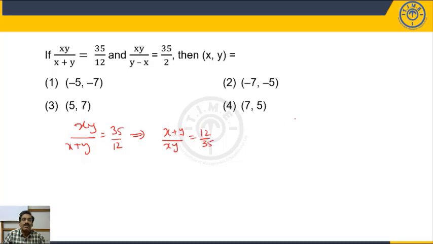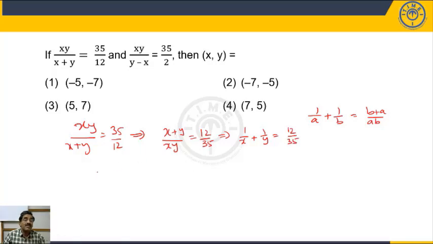And we know from our basic mathematics knowledge, 1 by a plus 1 by b is nothing but b plus a by a into b. That is what we know. So as this is in the form of x plus y by xy, it is equal to 12 by 35, which means we can write it as 1 by x plus 1 by y is equal to 12 by 35. That is the first equation.